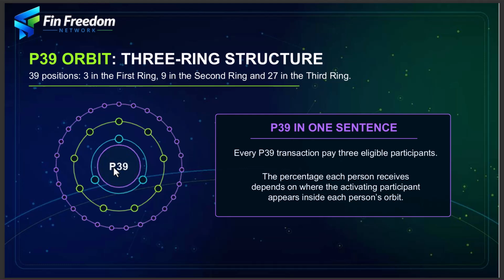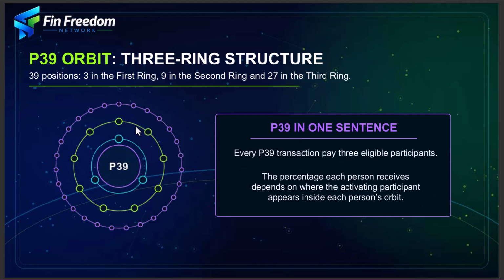The system says if somebody lands on your first 3 positions in your P39 position, any of these, just know that you're going to receive 20% of $40 from level 3. 20% of level 3 cost will come to your wallet directly. You can see the money in your wallet.